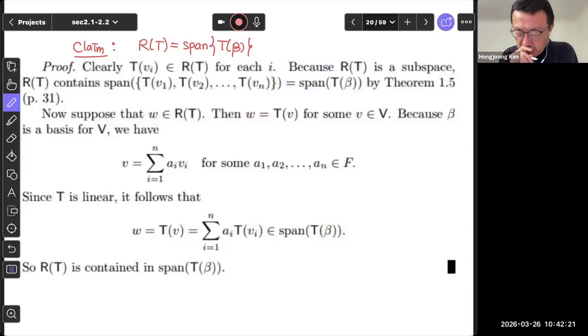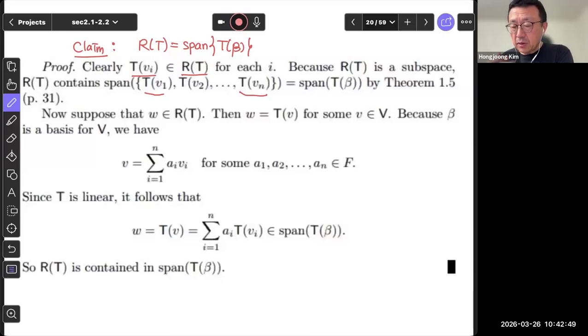So, okay, first of all, T of each vector in a basis, T of Vi, is a vector in the range. And the range is a subspace. So, the range contains each vector of T of V1 up to T of Vn, right?